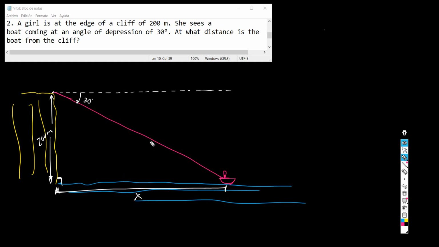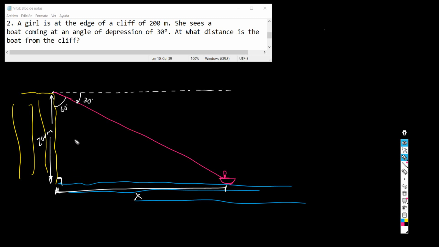So what do we do? We do trigonometry, and we help ourselves with the trigonometric functions of angles of right triangles. If I know this angle of 30 degrees, then I can know this angle, since all of this plus this should be 90, therefore this is 60 degrees, right?